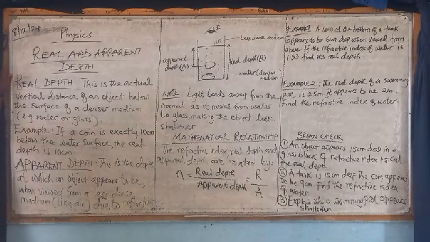Today we are going to be looking at real and apparent depth of objects. I want to believe that some of us will have come across real life situations where you've been to swimming pools, and when you view the swimming pool from the top, you realize that the swimming pool seems to be shallow.